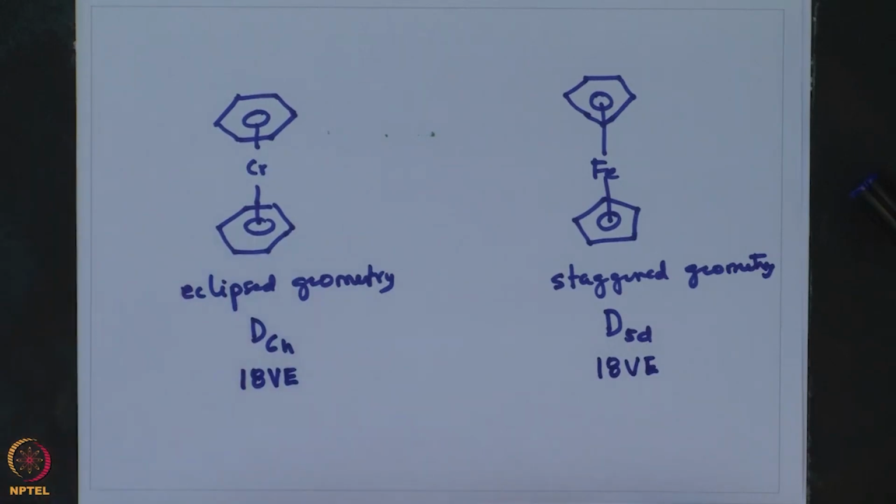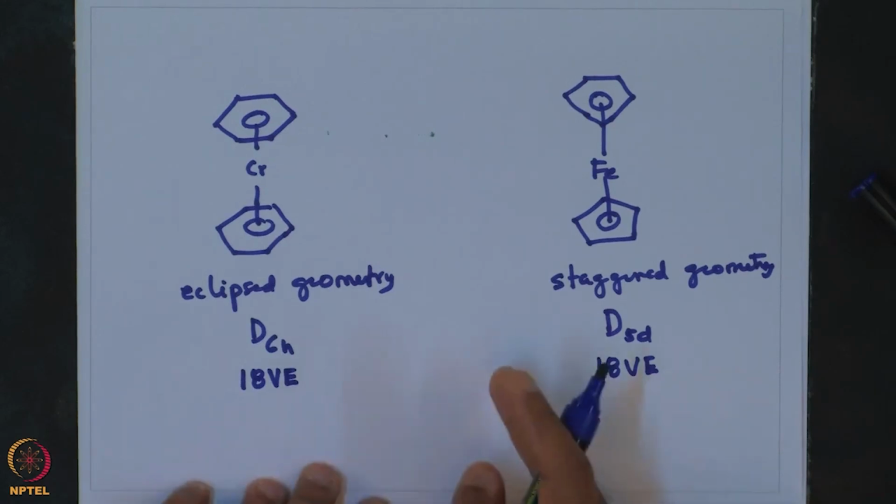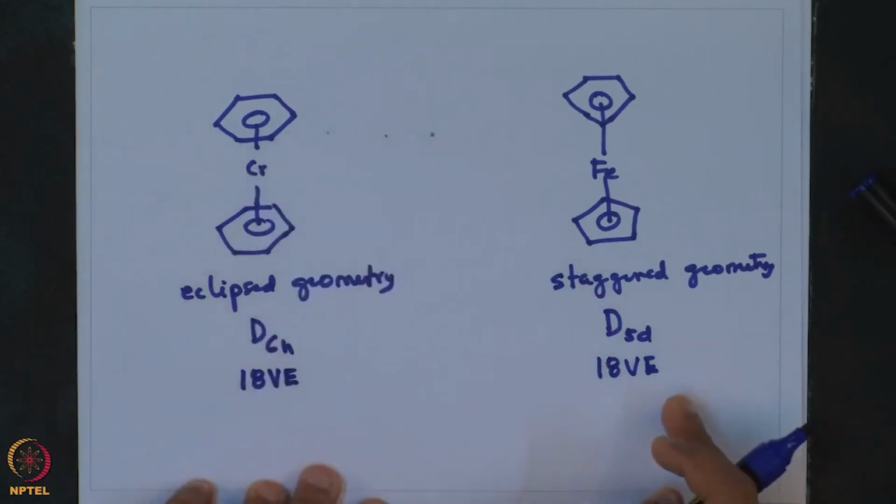As far as the metal to ligand bonding is concerned, metal to ligand delta bonding is more predominant in this compared to the bis cyclopentadienyl iron complexes.